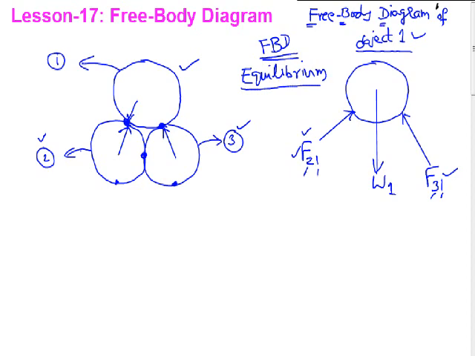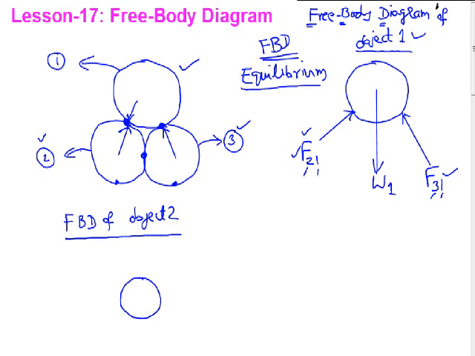Let us quickly try to draw the free body diagram of object 2. If we want to draw the free body diagram of object 2, show object 2 and then show all the forces which are acting on object 2 due to the presence of other objects.